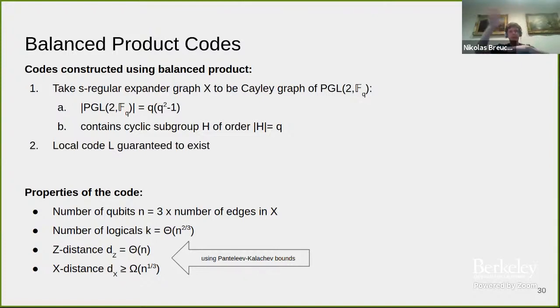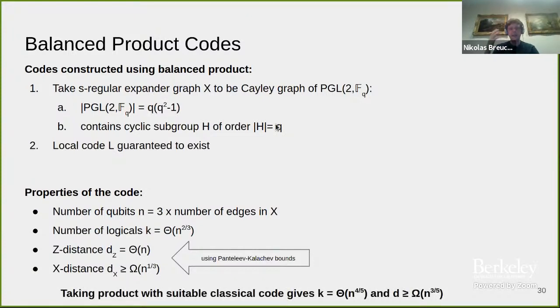Again, you should think of this as just one large classical code wrapped around itself, and this is why the Z distance is linear. The X distance, on the other hand, comes from this cyclic fiber that we glued in, and this unfortunately always has size n to the 1/3 if we use PGL. This comes from the fact that we have q to the 3 here and q here.